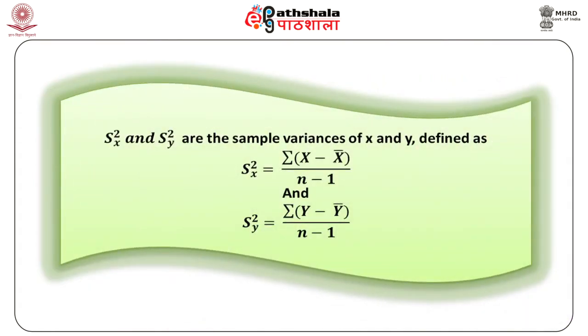Sx square and sy square are the sample variances of x and y, defined as sx square equals summation x minus x bar divided by n minus 1, and sy square equals summation y minus y bar divided by n minus 1.